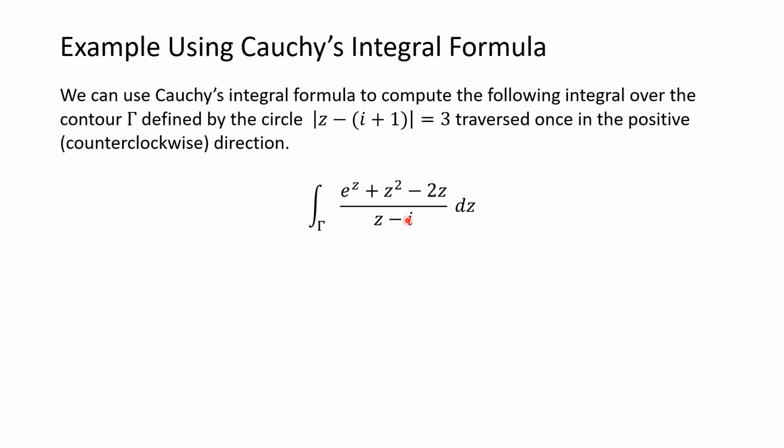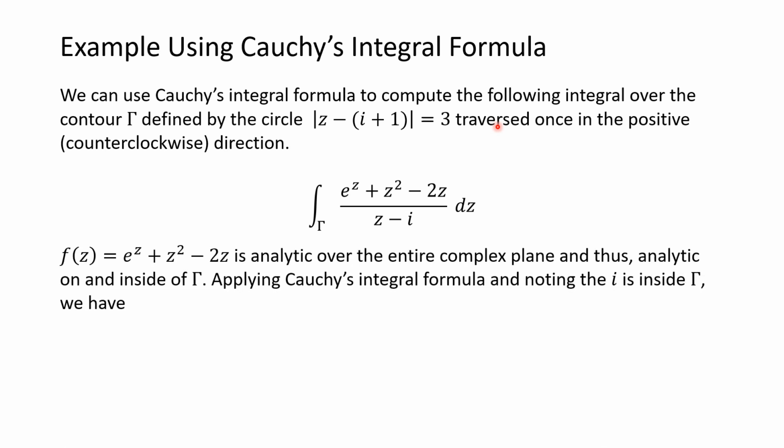Notice that our singularity i is within this circle, and it's traversed once in the positive direction, counterclockwise, since we're talking about a circle. So f of z equals e to the z plus z squared minus 2z is analytic over the entire complex plane, so it's analytic on and inside of our contour.